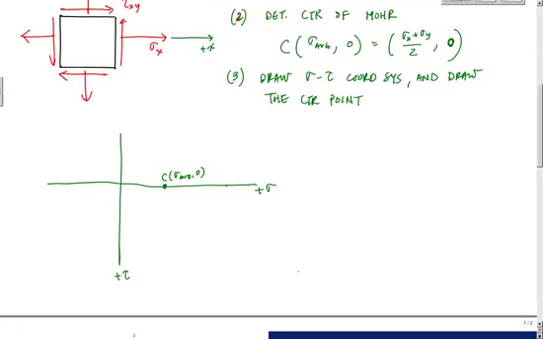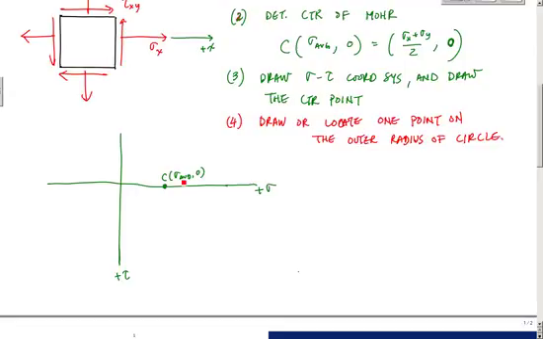Okay, and the next thing I want to do is locate one point on the outer radius of Mohr's circle. This will give me the point that I need so I can draw the circle.